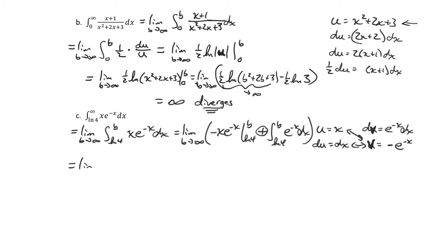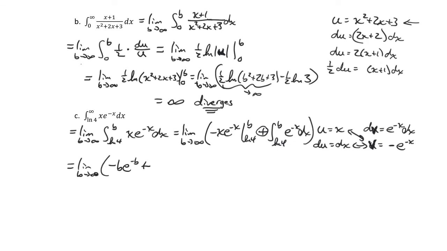So we've got the limit as b goes to infinity. Let's see, when x is equal to b, we get negative b e to the negative b. And then we let x be natural log of 4, and we're going to subtract negative, so it'll be plus natural log of 4 times e to the negative natural log of 4.